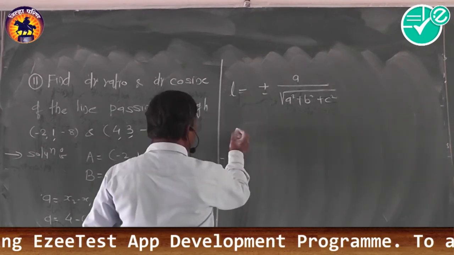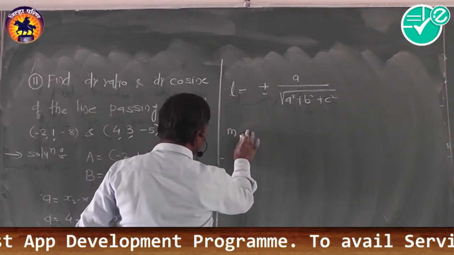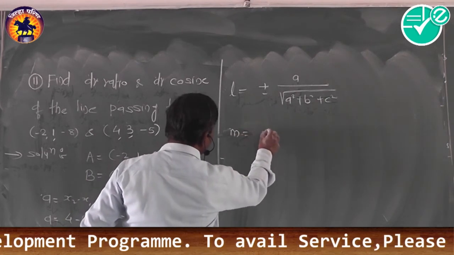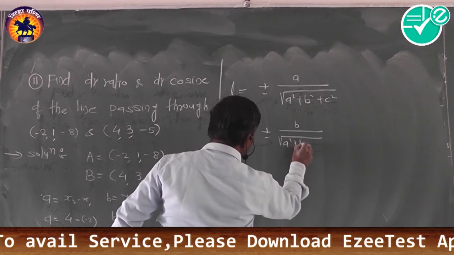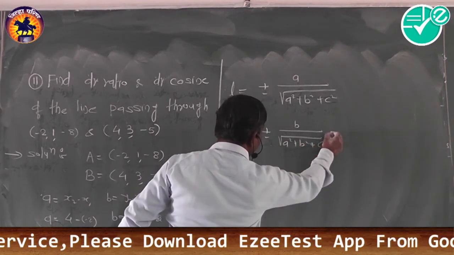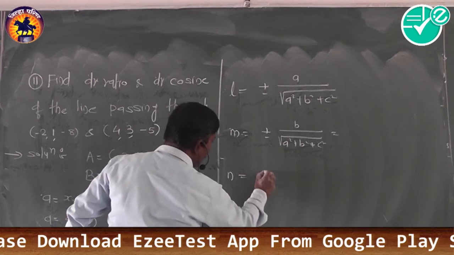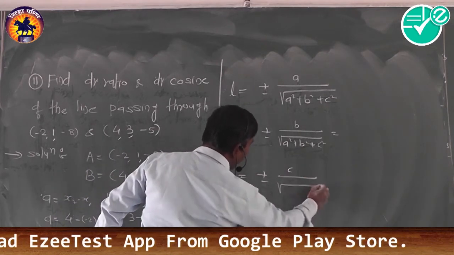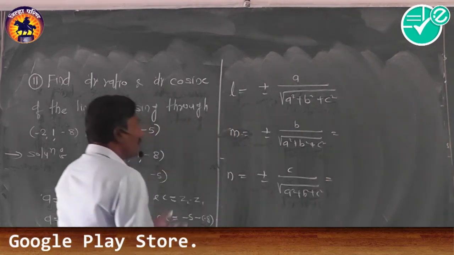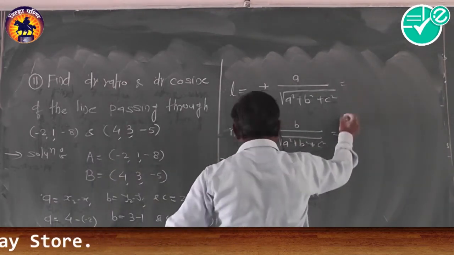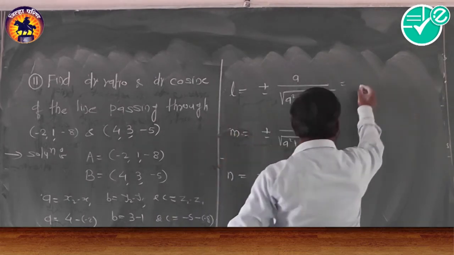Similarly m is plus or minus B divided by under root A square plus B square plus C square, and n is plus or minus C divided by under root A square plus B square plus C square. So what is A? A is 6.